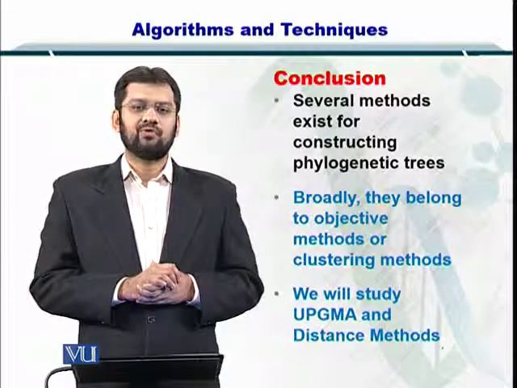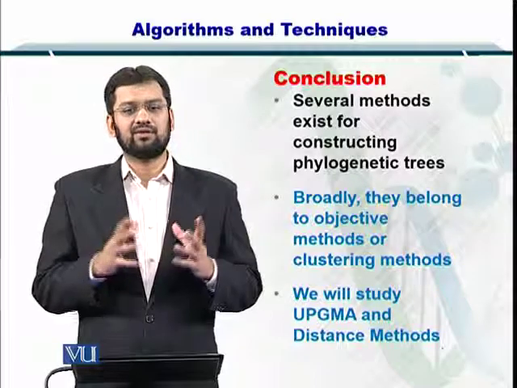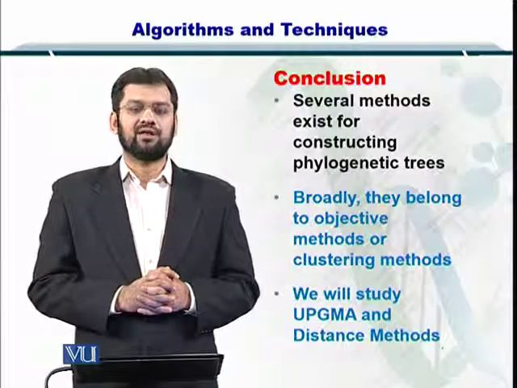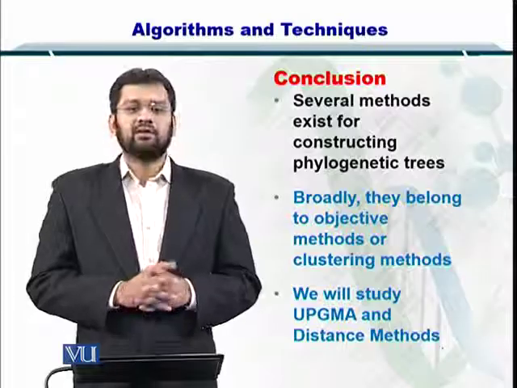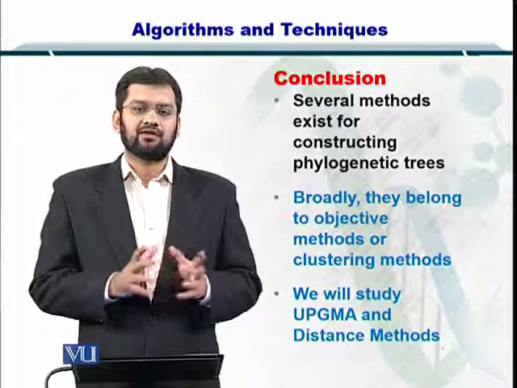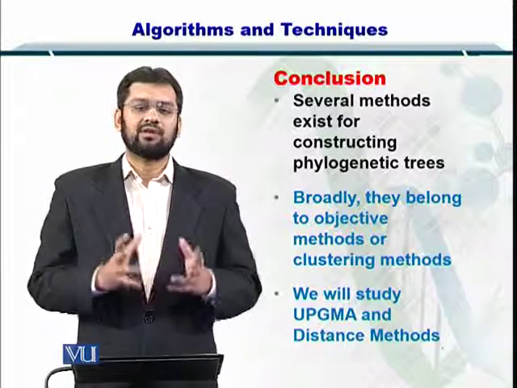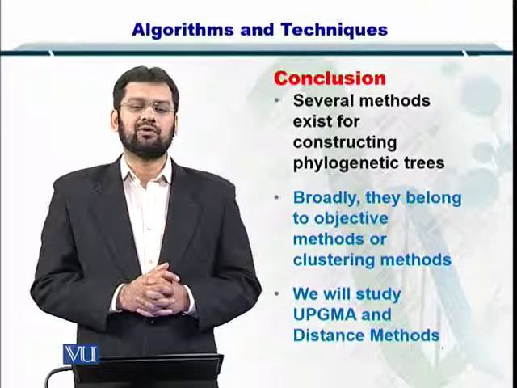So if you can perform pairwise sequence alignment, you can arrive at the distance between the two sequences, and this distance can be used in constructing the phylogenetic trees. More so, the two categories, the clustering and the objective methods, are available, and several other algorithms also exist which you can study and employ depending on your requirement.